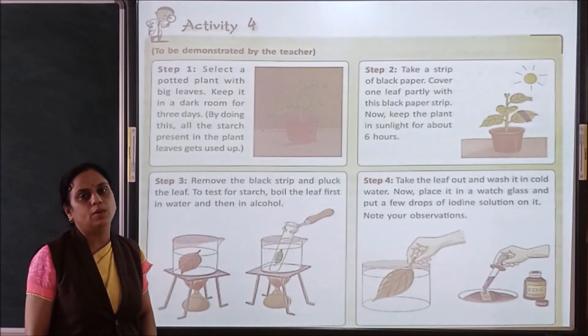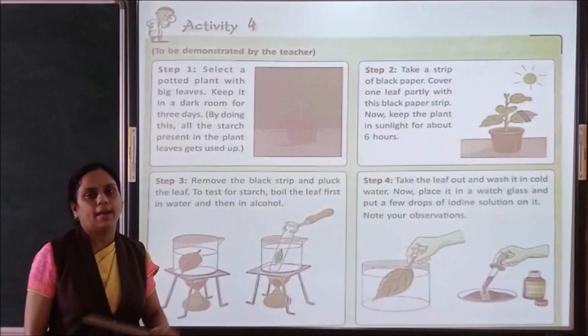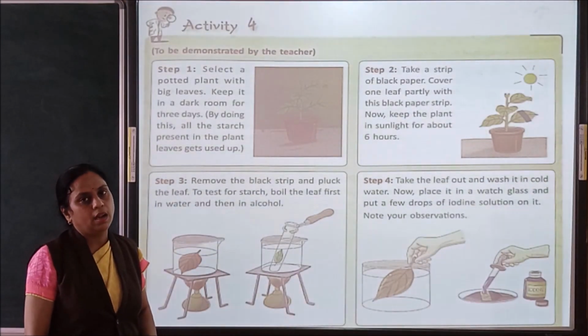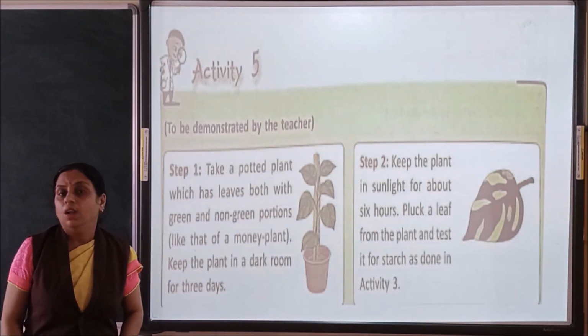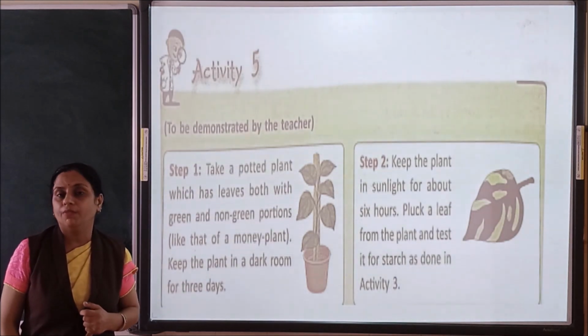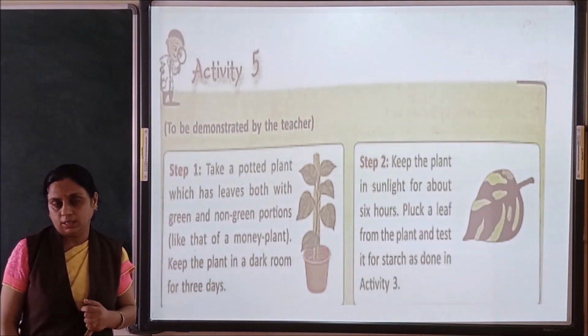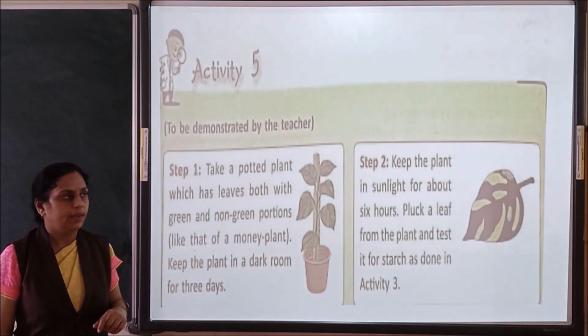Now the same activity we will do for testing the presence of chlorophyll. Now children, as you all know, chlorophyll is also necessary for photosynthesis. This I will show you by an activity.